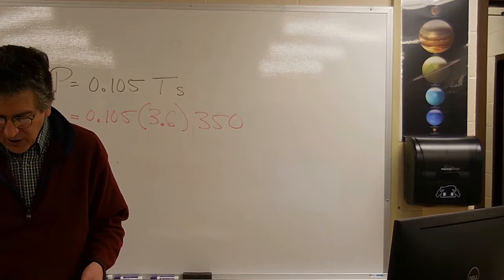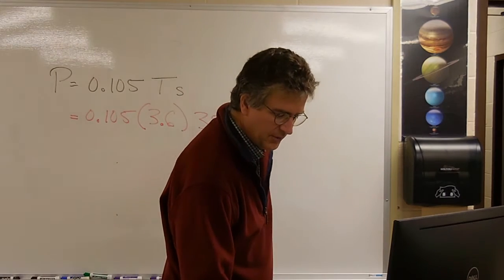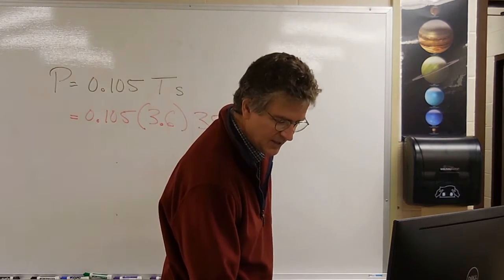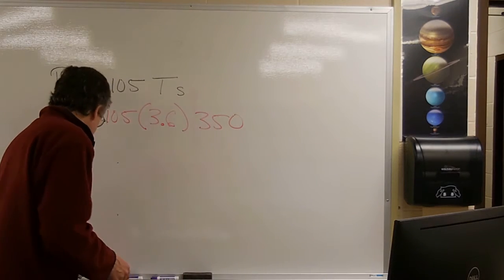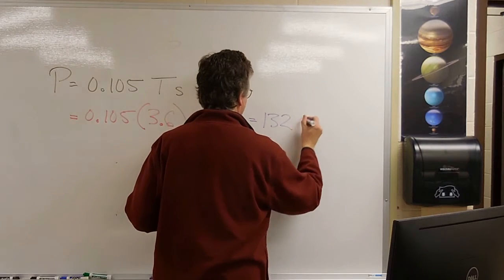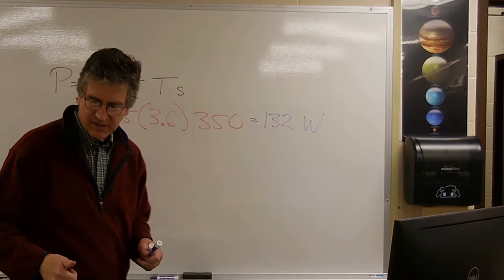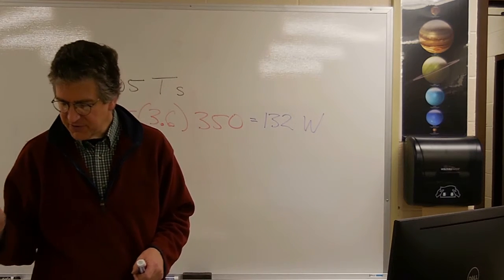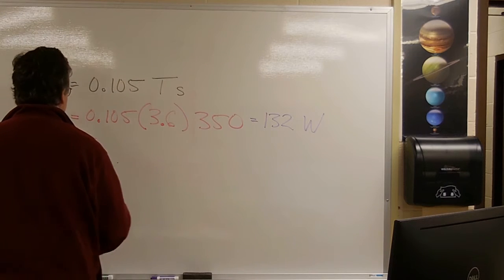Okay, so I'll do the book's math on this. 0.105 times 3.6 times 350, and they get 132 watts. So I get the same answer the book does. Now the related problem says determine the power produced if the torque is 5 newton meters and the speed is 1,000 RPM.